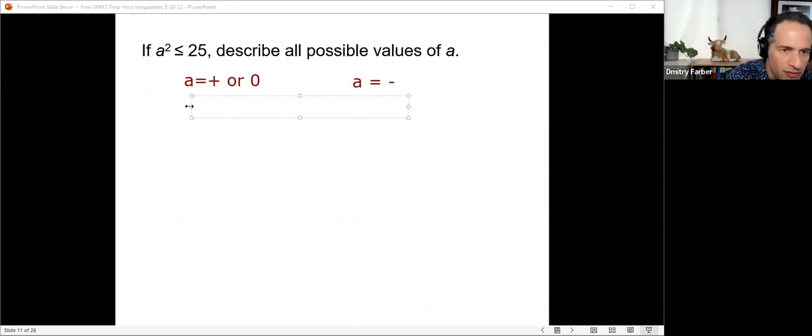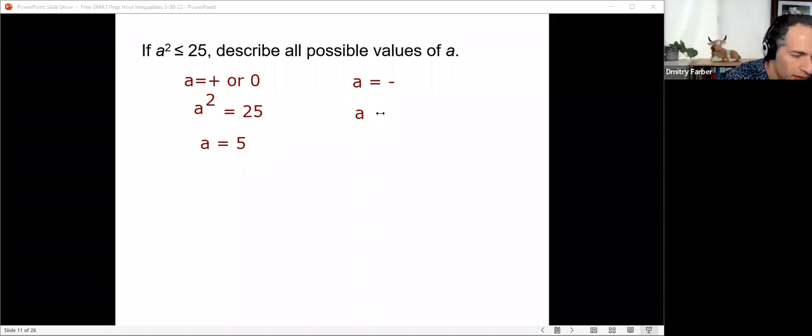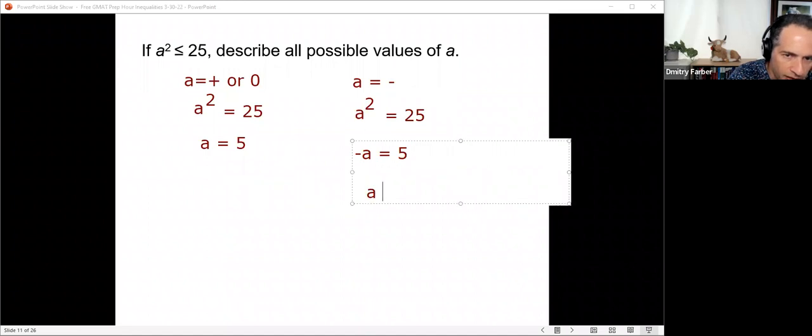So in other words, if A squared is 25, and I'm putting equal instead of less than for a reason, then I would just say A is 5, right? If A is negative, then when you have A squared is 25, technically, if you want, you could say that negative A is 5, and therefore A is -5.